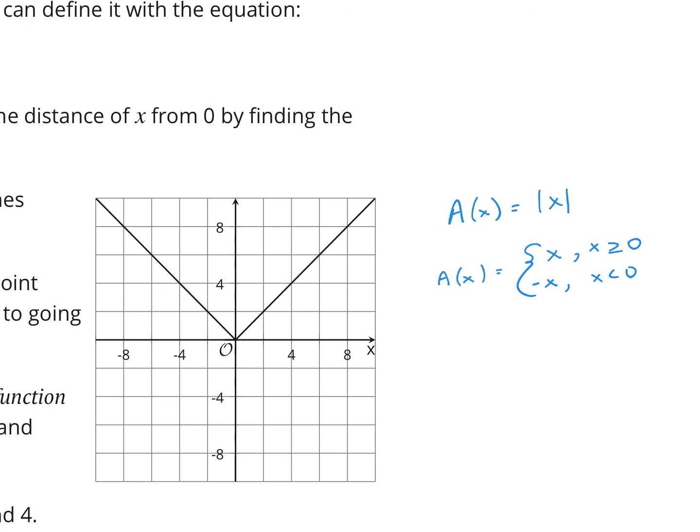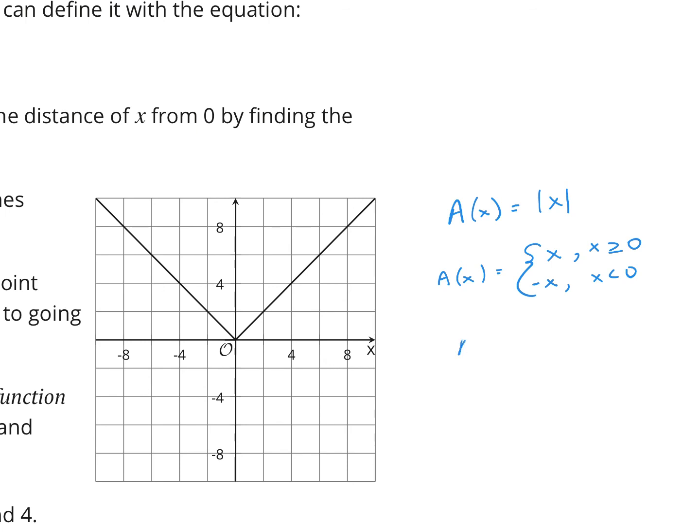Notice for this graph that none of the points lie below the x-axis, and that's because when we take the absolute value of x, you can't have a negative number. It has to be positive.